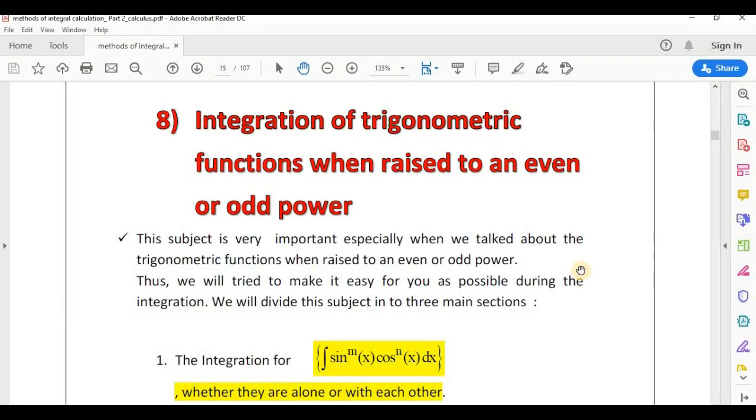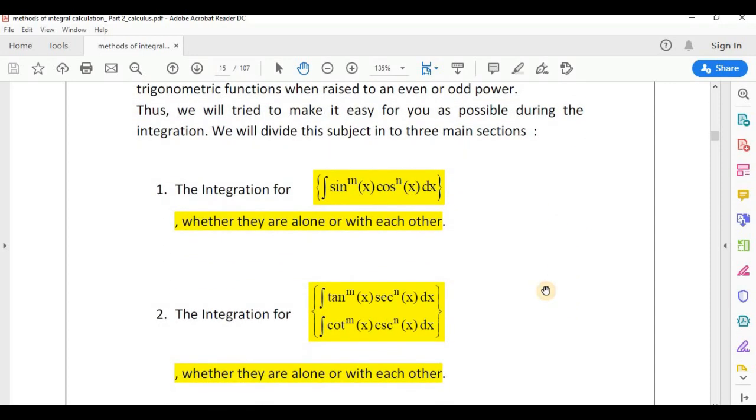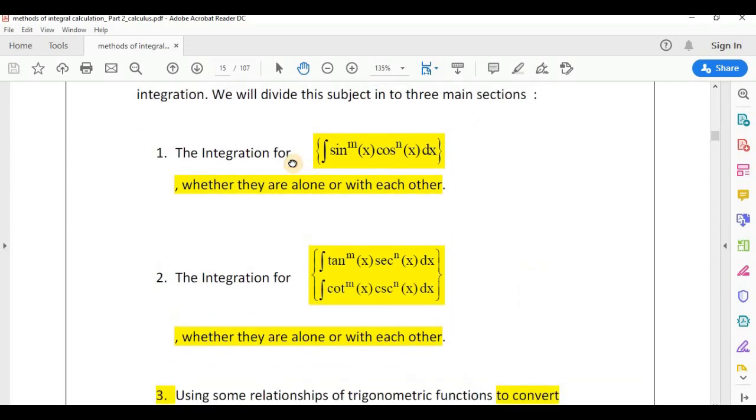We have here the integration for the trigonometric function when it is raised to an even or odd power. For this subject, we will divide it into three main sections. The first section, the integration for sine to the power n multiplied by cosine to the power n dx.